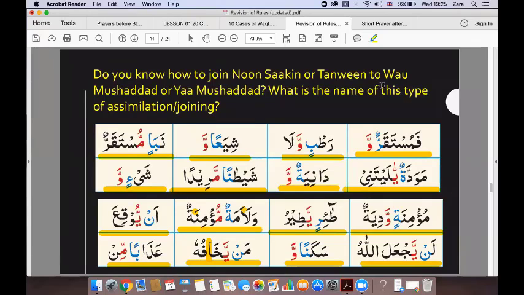We're looking at waw and ya mushaddad, and we learnt that in this type of assimilation or joining, we call it idgham al-naqis, and that is incomplete, or partial assimilation, partial joining, because when we join, we still maintain the nasal sound that comes from the noon sakin or the tanveen. So hopefully that's clear to everyone.